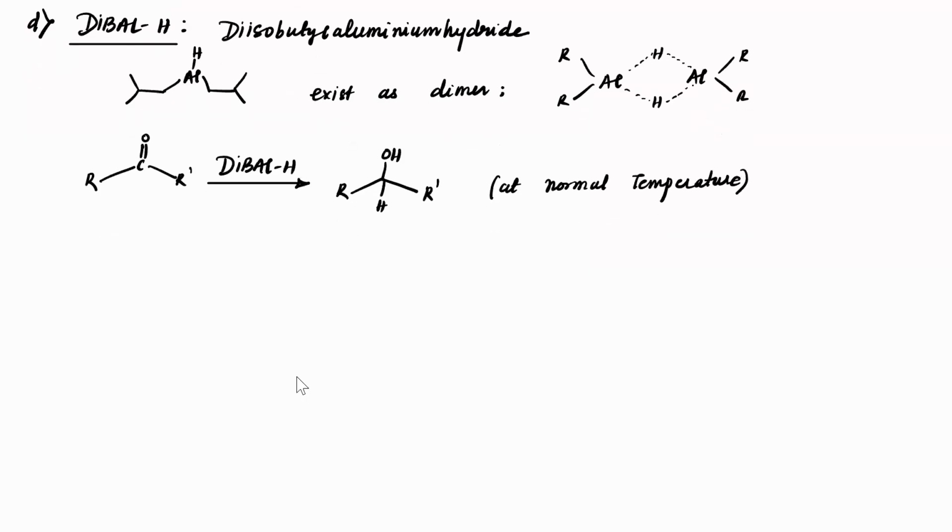Got it? But the same reaction, if you notice, with DIBAL-H at minus 78 degrees Celsius or below, in that case, no reaction. That means alcohol formation is subject to temperature. If the temperature is room temperature or above, then the reduction of aldehydes and ketones will happen.